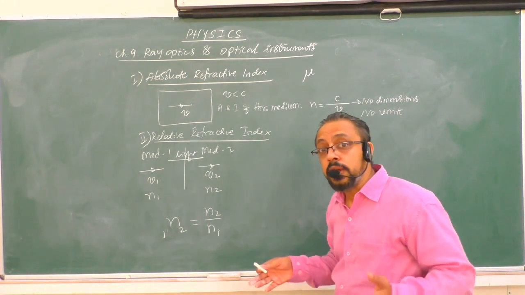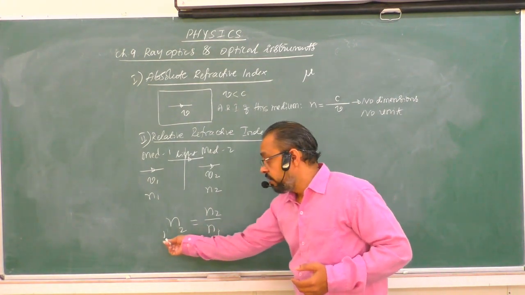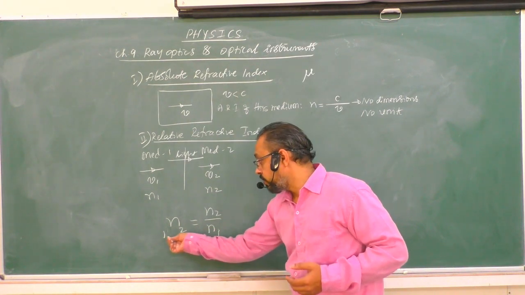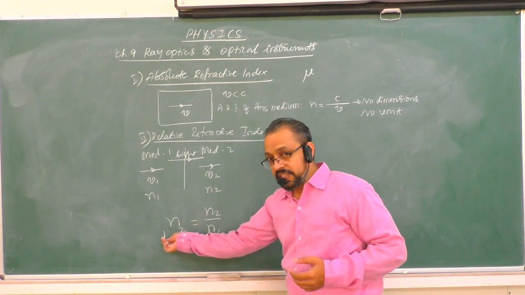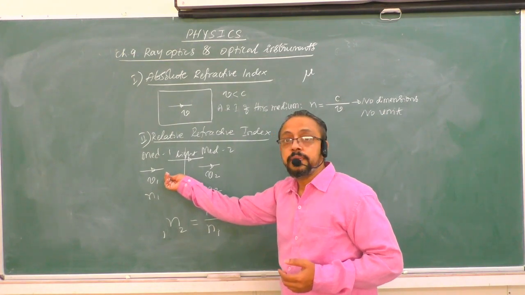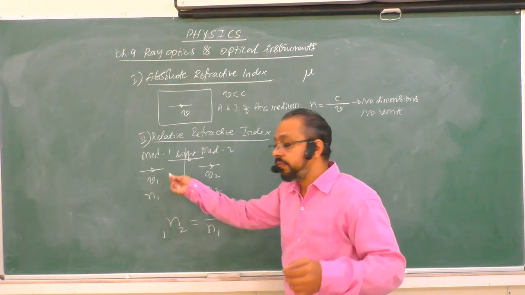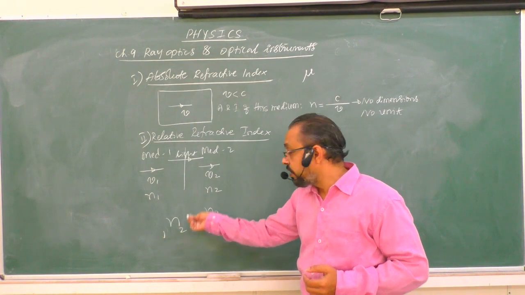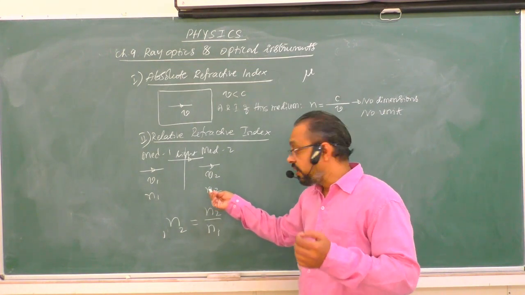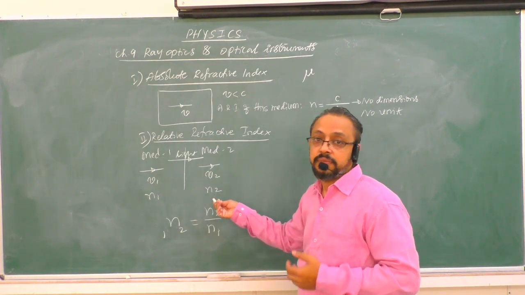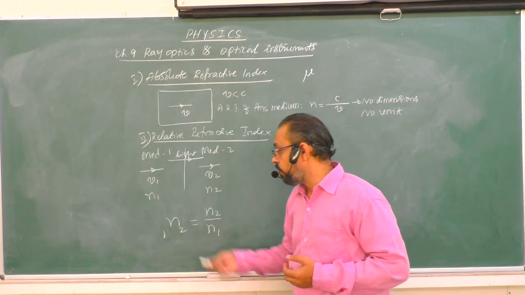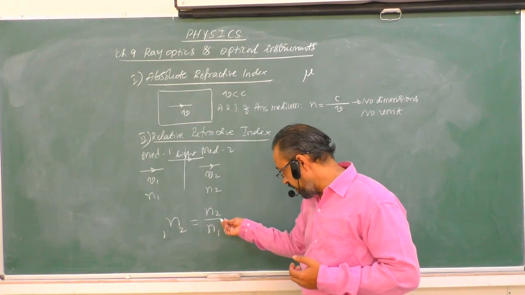So be careful about the notation. n1,2: the first subscript means where the light was. Second subscript means where the light is entering. So n1,2 is equal to n2 by n1.